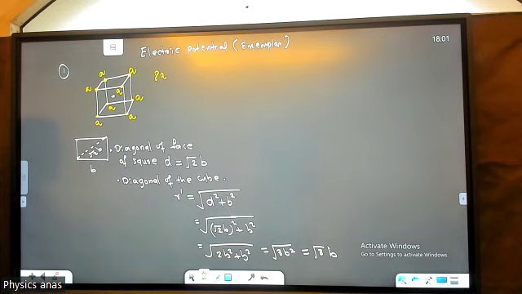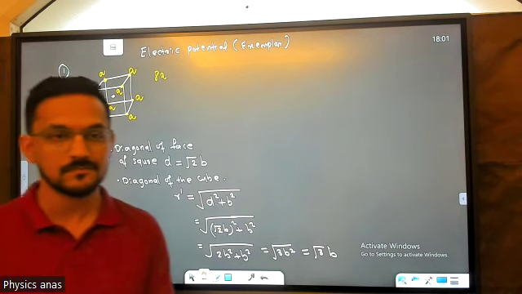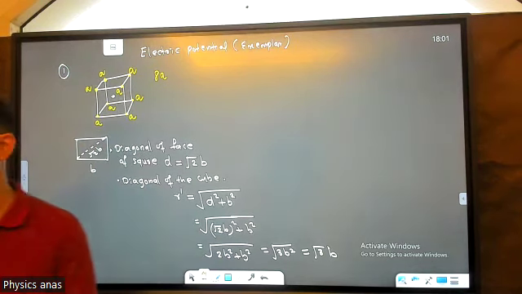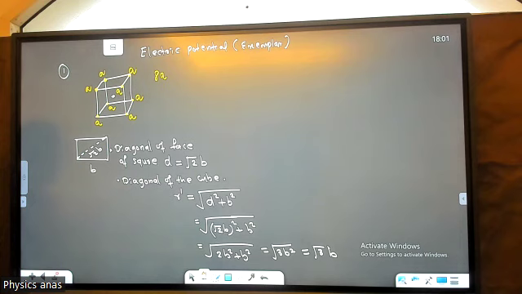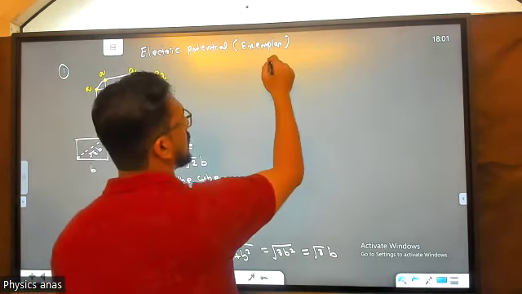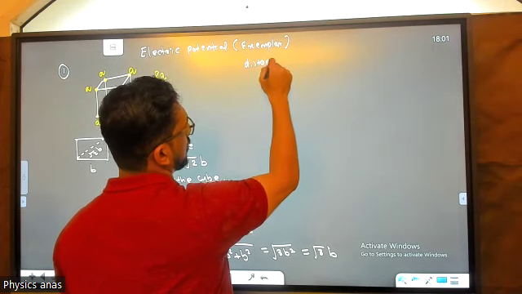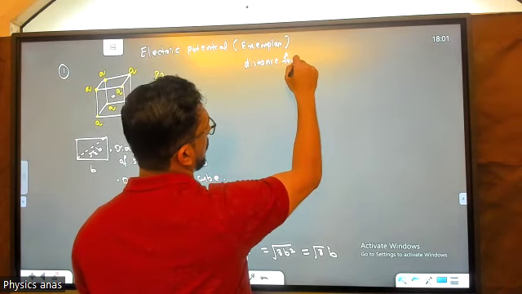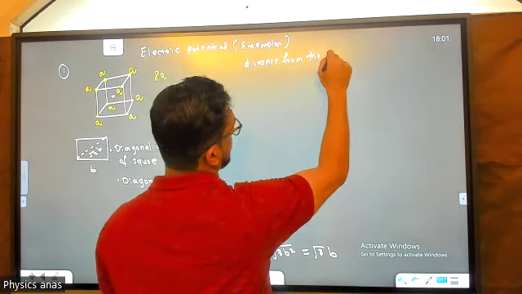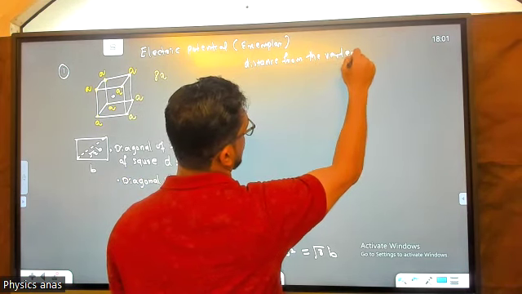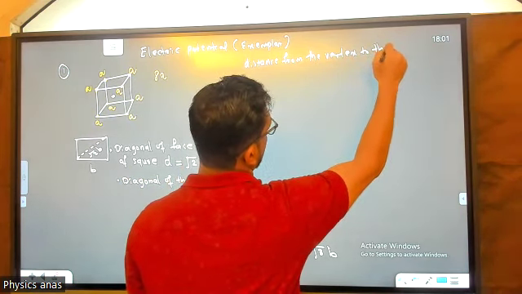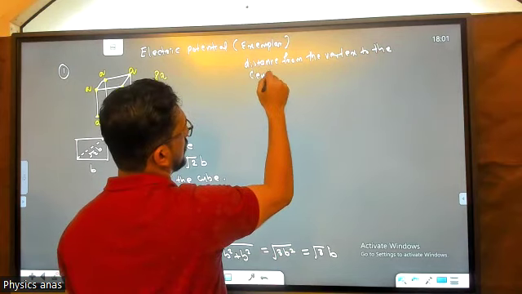Root 3b. Now you have the diagonal of the cube. What will be the distance from the vertex to the center of the cube?